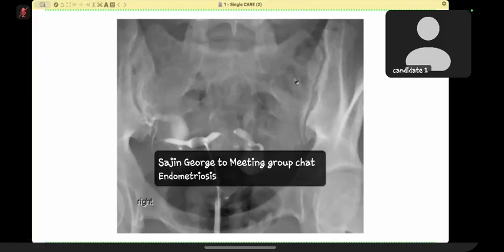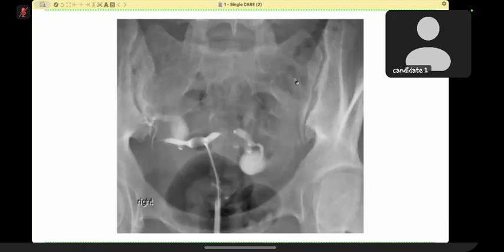Yeah, this is a spot image of a hysterosalpingography where I can see that there is a dilated bilateral fallopian tubes with no free spill in the peritoneum bilaterally, suggesting there is a tubal obstruction bilaterally, which is the cause of the infertility.